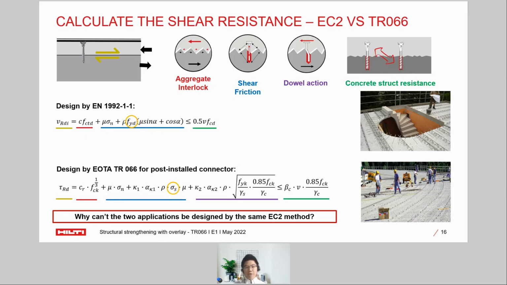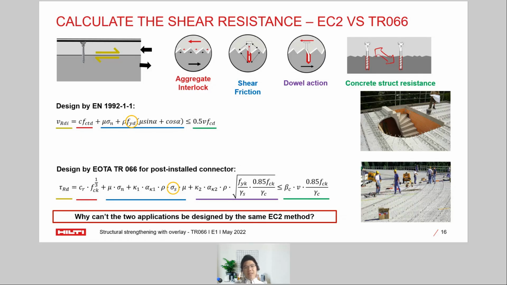The shear load goes through the interface as compression in the concrete, and this is the maximum the system can take. As I highlight here, you can see the two formulas. They are definitely not the same, but they share a very high similarity.